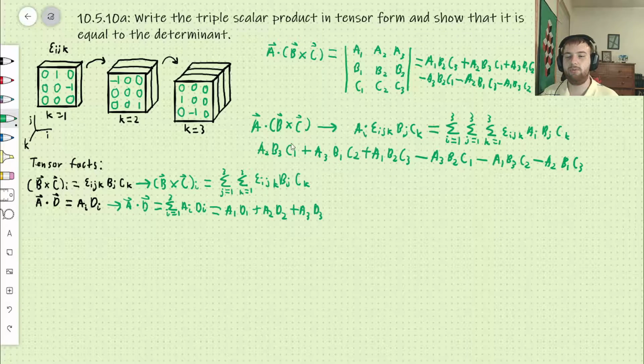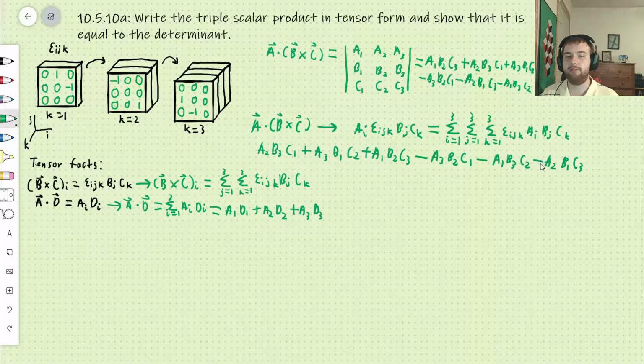This is the result of all the operations that we did on our tensors. If we look here, these are equivalent.